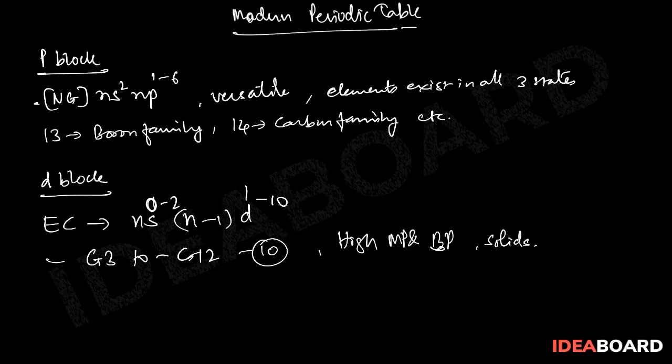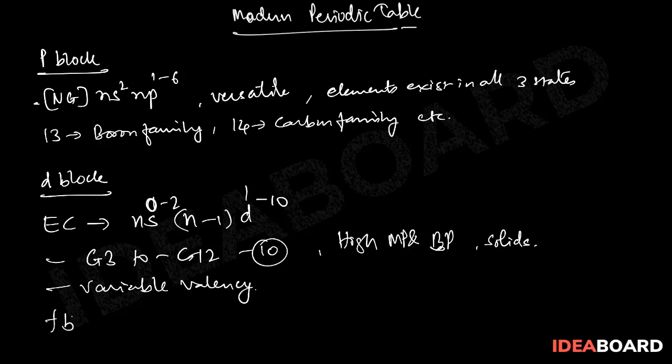Then we have the very important properties of these elements: they act as very good catalysts, they form colored compounds, and they also show variable valency. So these are some of the features of D block elements.